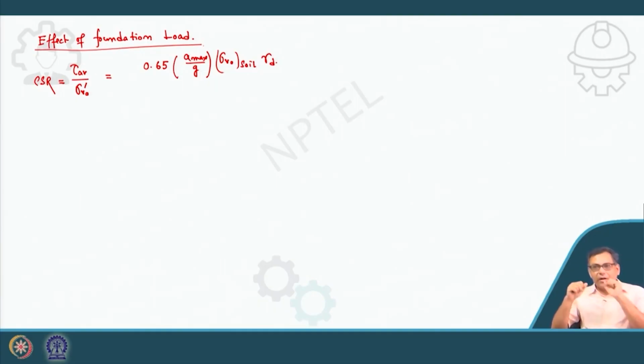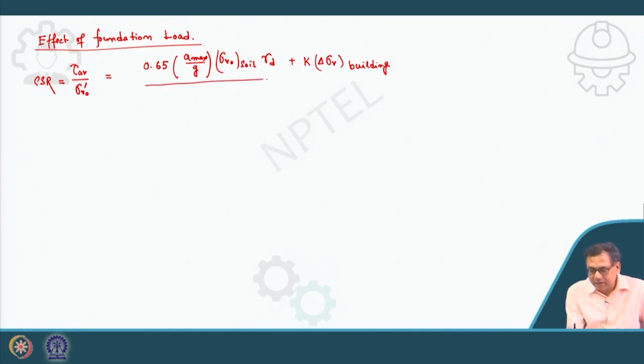So that is the contribution due to the soil only. This is the soil column that we have considered. Now we will add the surcharge or foundation load. So plus K and del sigma V, that is for the building or the foundation, divided by sigma V0 dash.